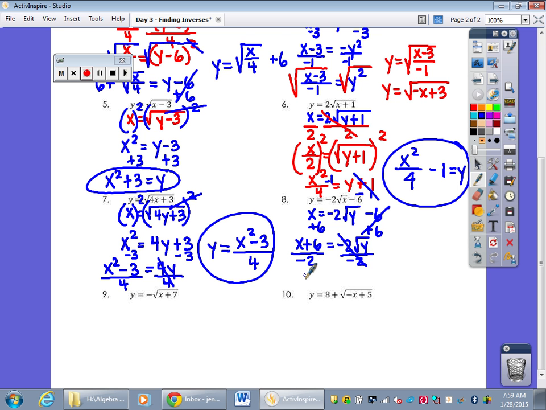And so we have x plus 6 divided by negative 2 equals the square root of y. So now we would want to square both sides to get y. So y would equal x plus 6 divided by negative 2 quantity squared.